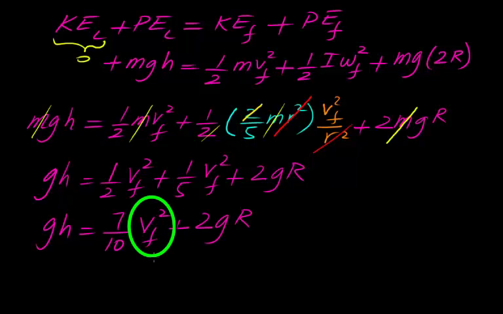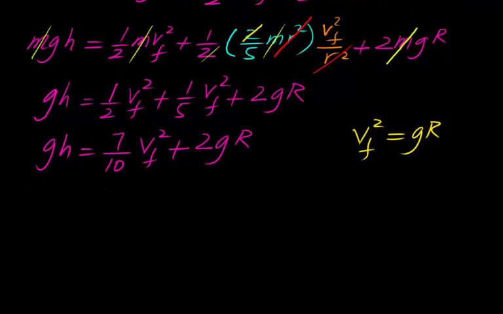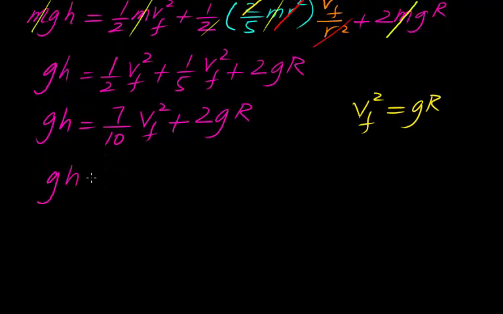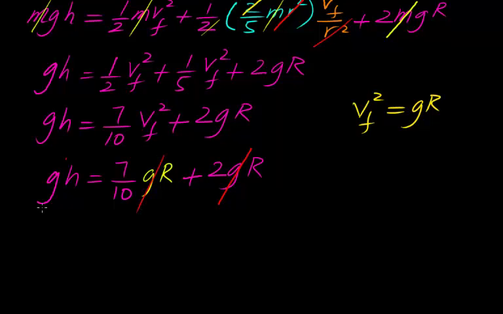This v final squared is the one that we solved for earlier, and it's equal to g times R, where R is the radius of the loop. Making the substitution, we obtain gh equals 7/10 times gR plus 2 times gR. Clearly the gravity g cancels out, and the final expression for the height h is going to equal 2.7 times the radius of the loop.